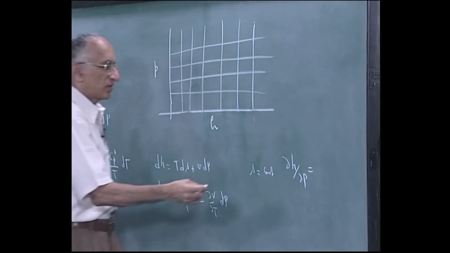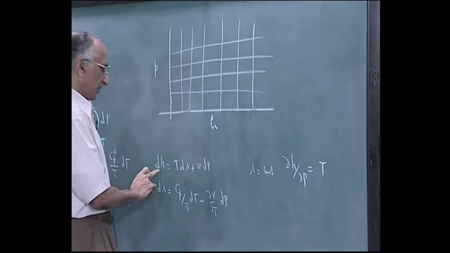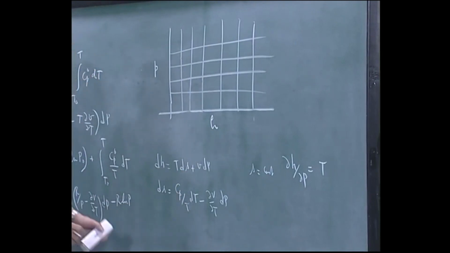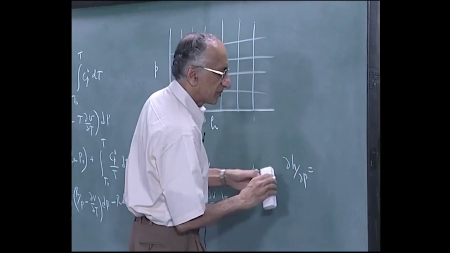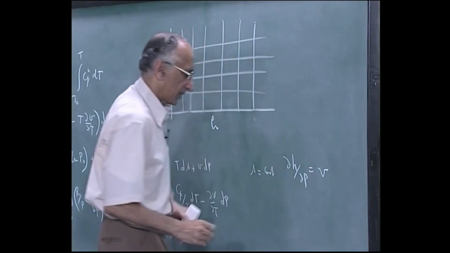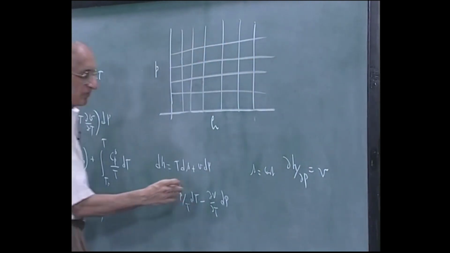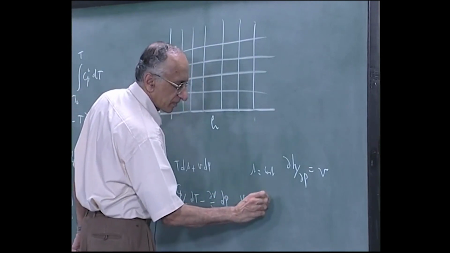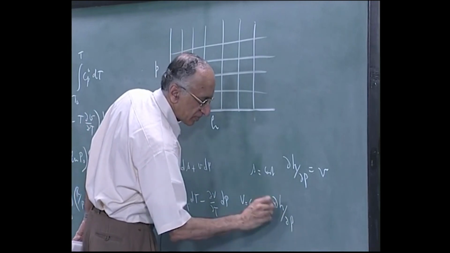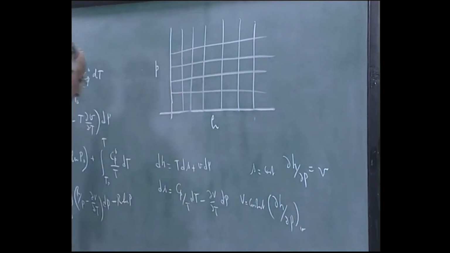And this is clearly equal to T. H with respect to P at constant entropy is something, sorry, V. Okay, then if you want V equal to constant, you get partial of H with respect to P at constant V.